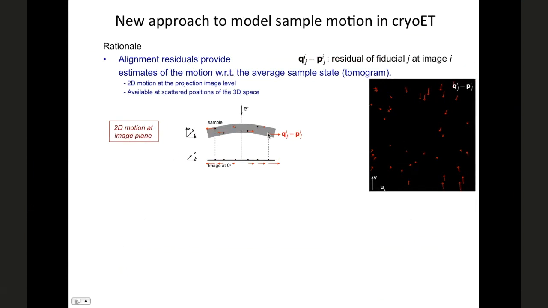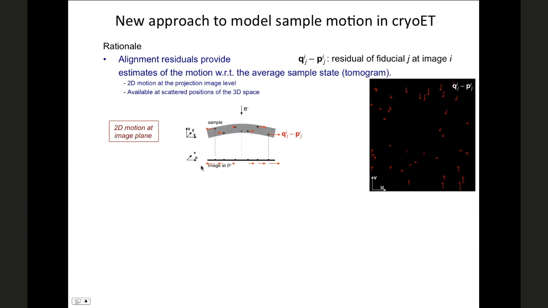For a given fiducial, this is the residual, and the origin of the arrow represents, let's say, the expected position according to the standard alignment, and the arrowhead represents the experimental fiducial position. So we could interpret this type of plots as I describe now.